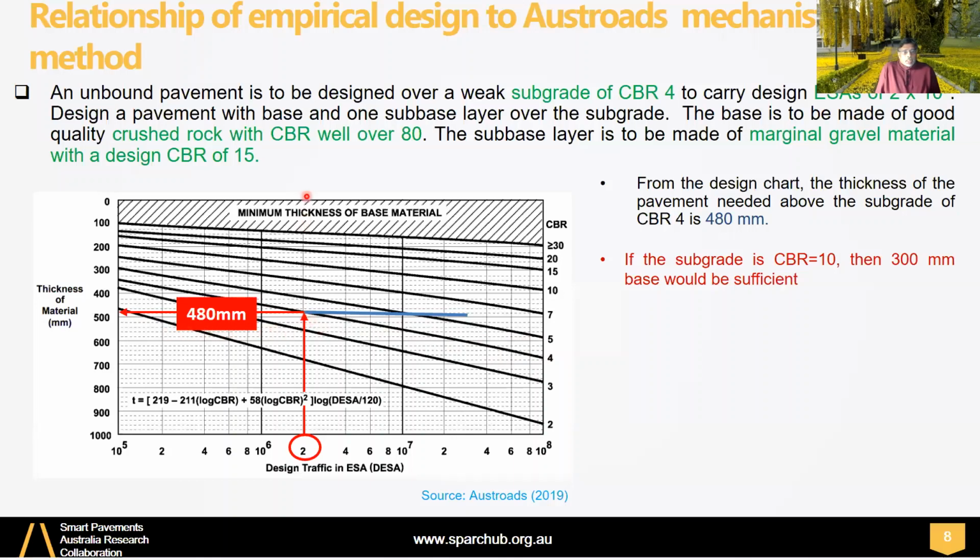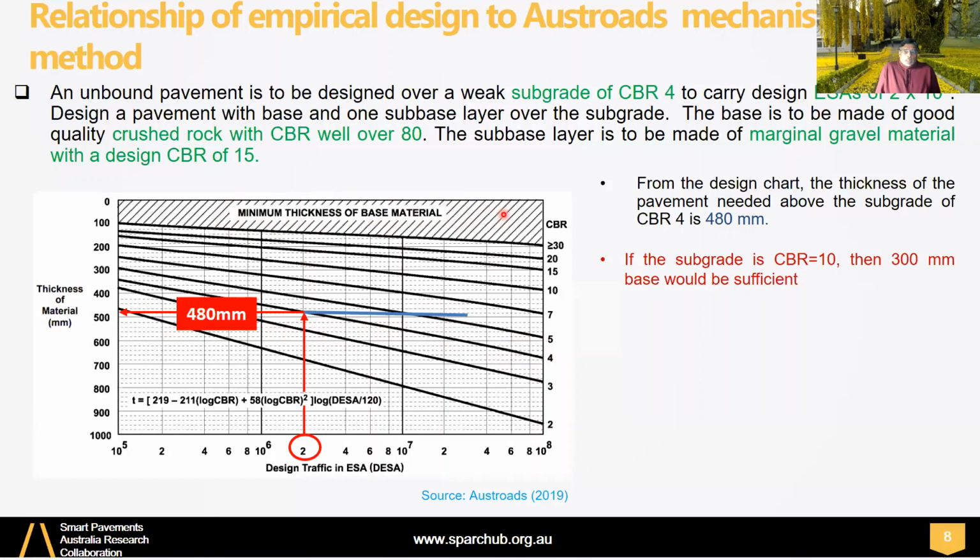So that material can be a crush rock material, and it doesn't designate what the quality of the crush rock material is, but typically crush rock has more than 30 CBR value.